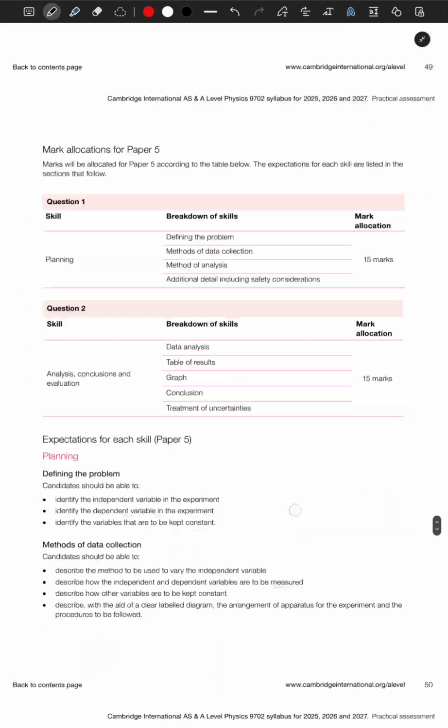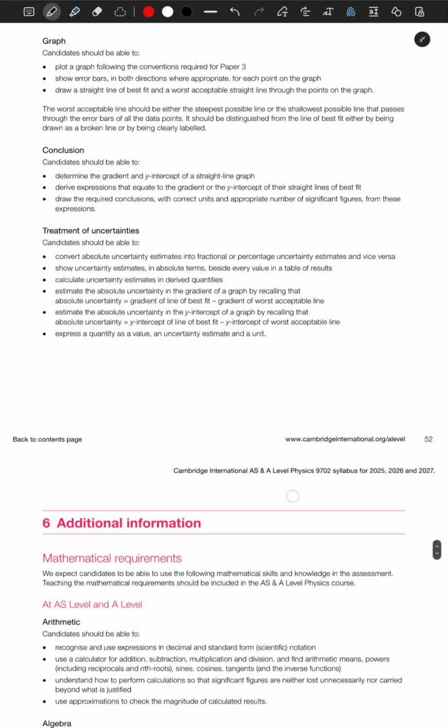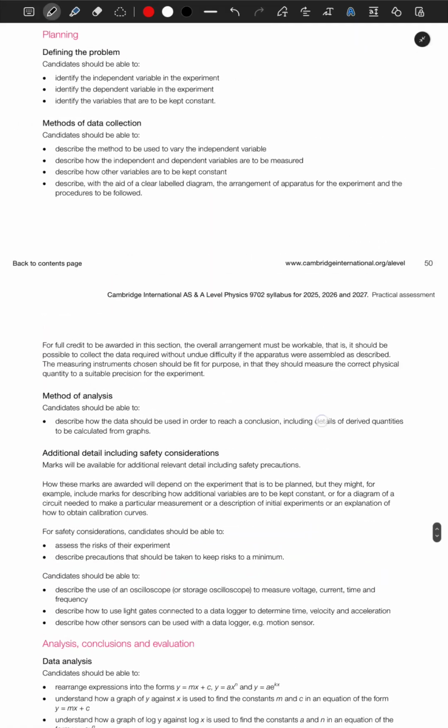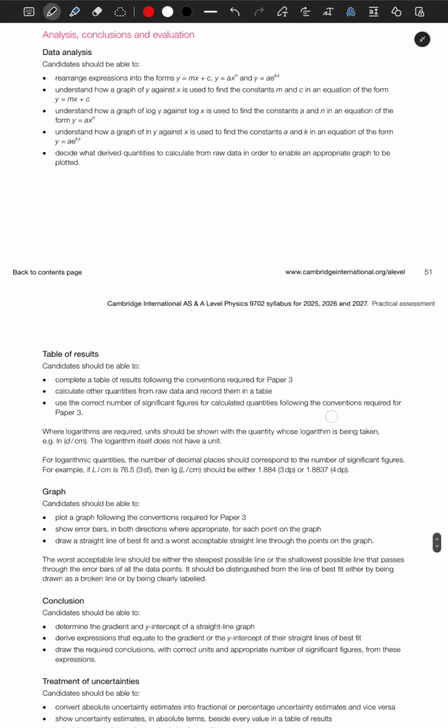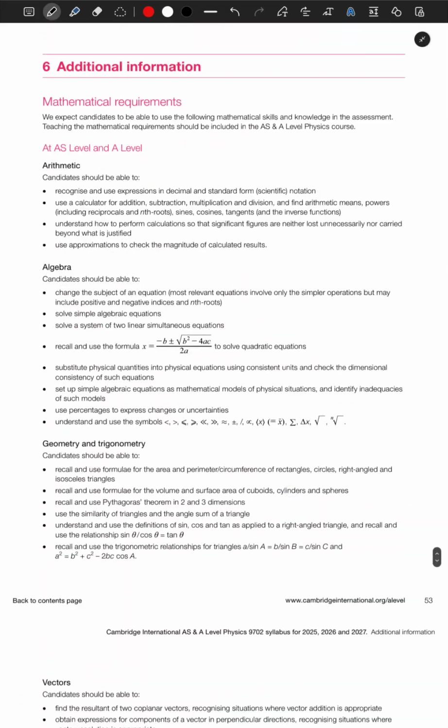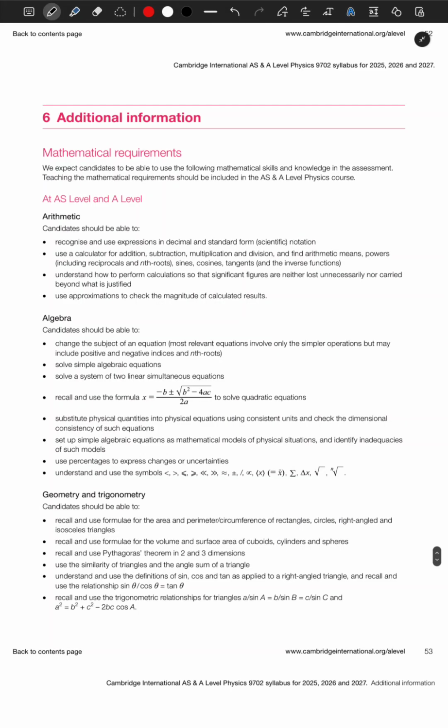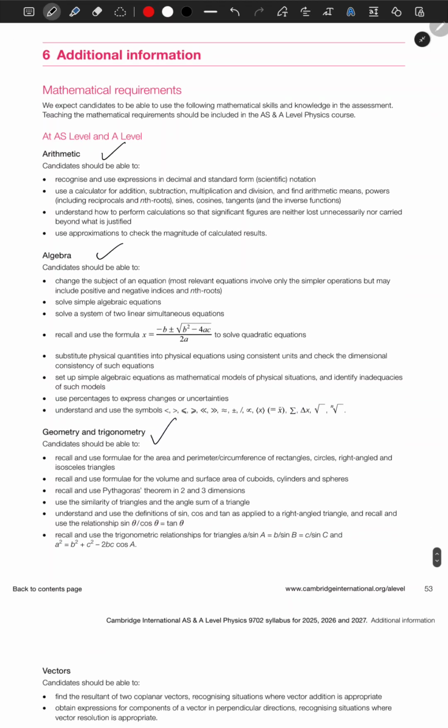And let's see what skills you are required to know. As expected, you need to know mathematical skills. You need to know how to solve simple problems related to algebra, arithmetic, geometry and trigonometry.